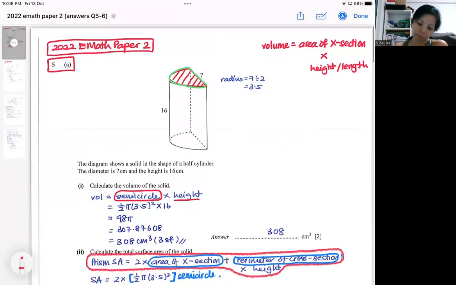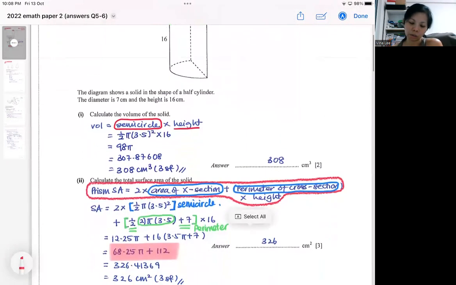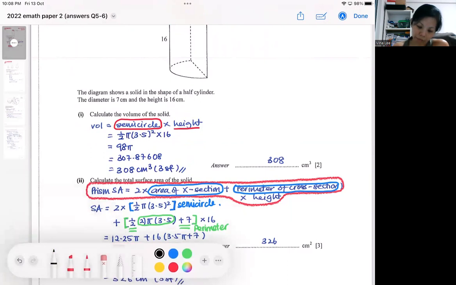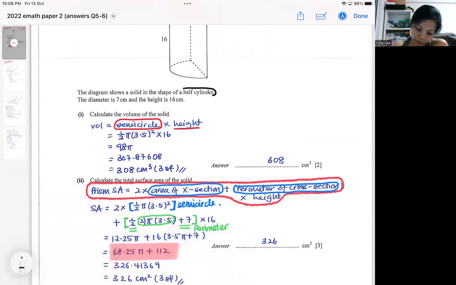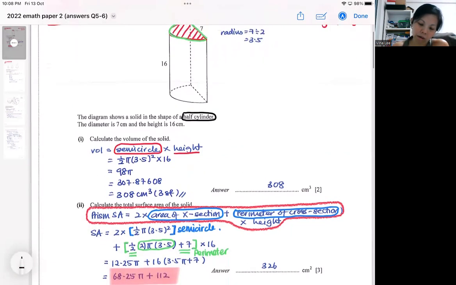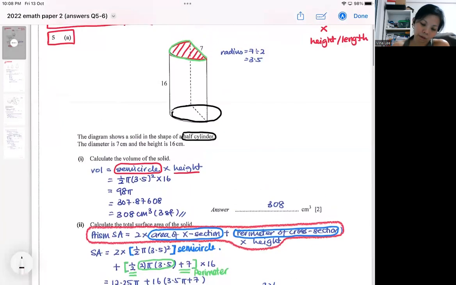Then what if, let's say, for some of you, you think of it as half a cylinder? If you think of it as half a cylinder, you will do a full cylinder first, and then you divide by 2.